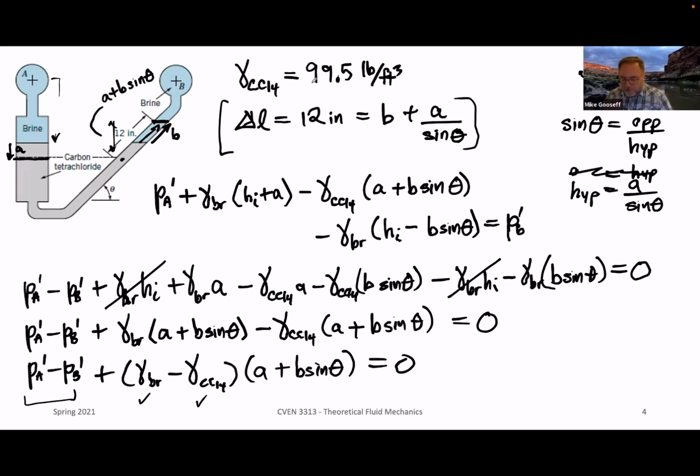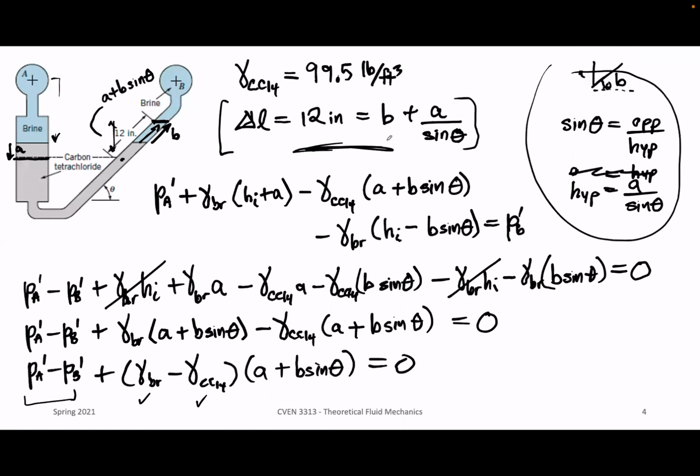But what we can do is go back up to this relationship and say that A plus B sine theta is equal to a slightly different version. We can relate it now to our delta L from this interaction up here. I've kind of run out of room, but basically I'm going to multiply through by my sine theta to get this in terms of A plus B times sine theta.